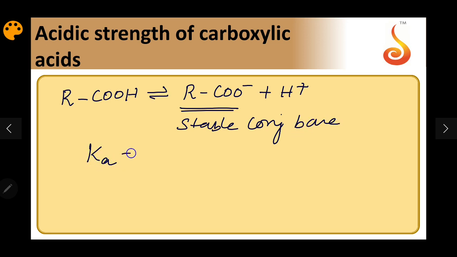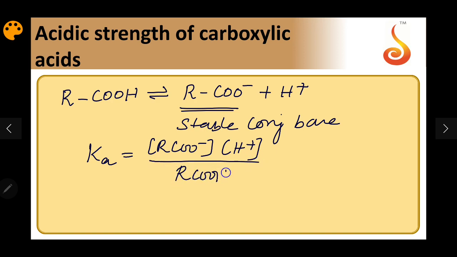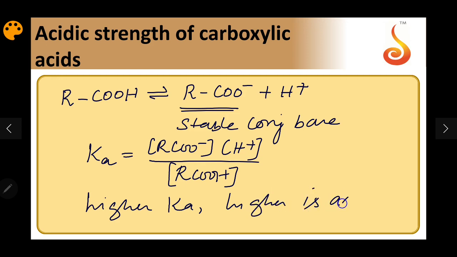The dissociation constant is given by RCOO minus times H plus divided by RCOOH concentration. So the higher the Ka value, the higher will be the acidic strength. The only reason for acidic strength is the stability of the conjugate base.